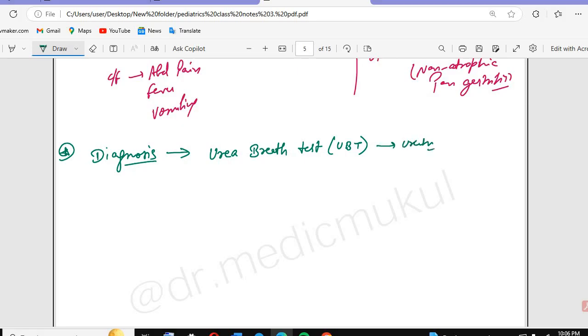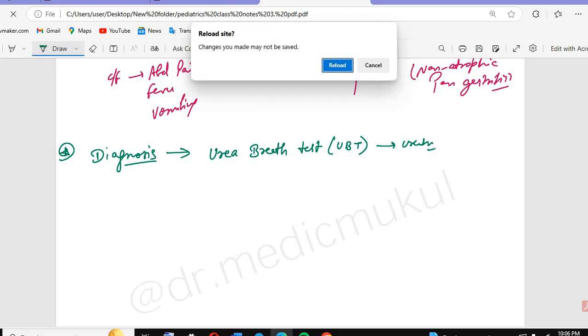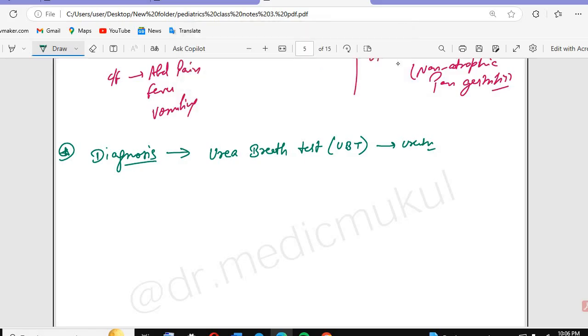Means the urease would be there, and if the urease is there, it means that the urea breath test is positive.